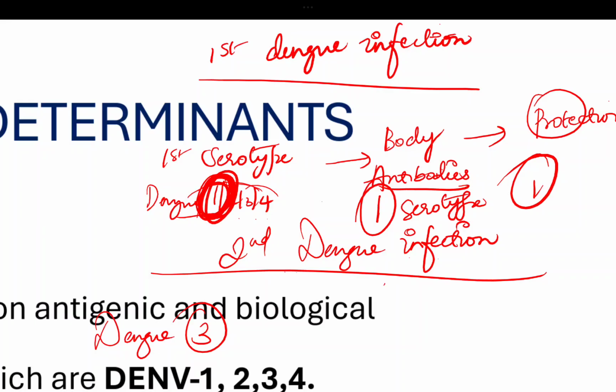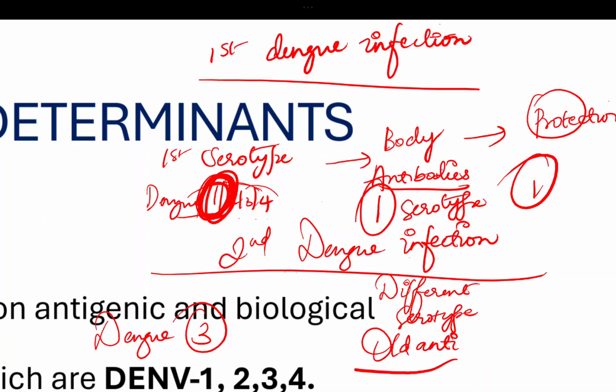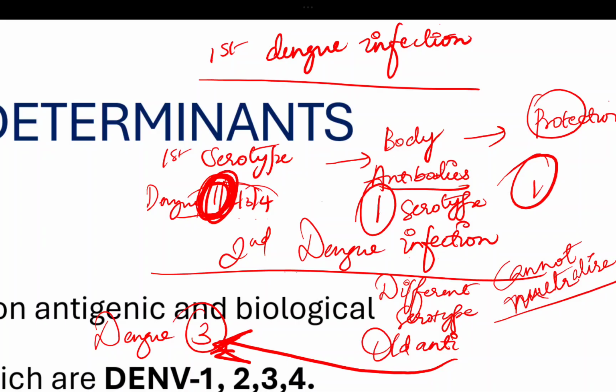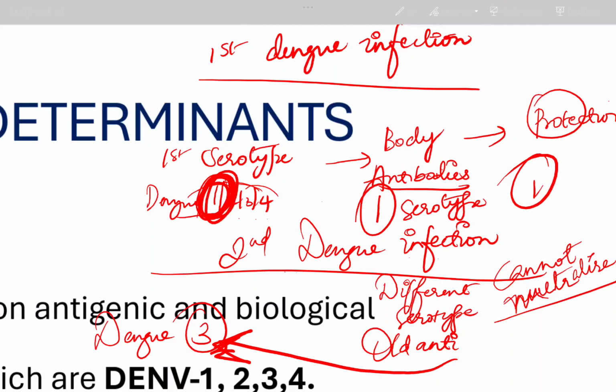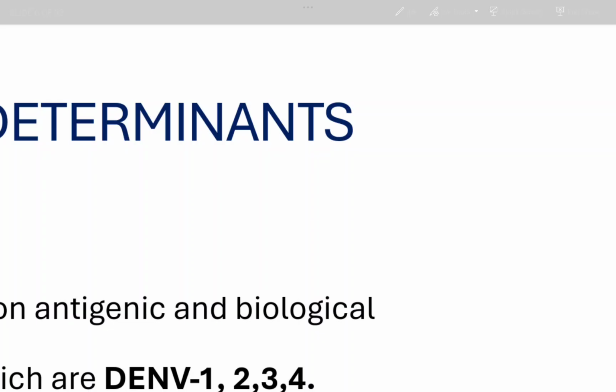Since this is a different serotype, the old antibodies are now going to bind to this dengue virus 3, and they cannot kill this, they cannot neutralize this virus. They do not have the antibodies or the immunity against this dengue virus 3. Is it clear? So we understood so far that one serotype does not confer immunity against a different serotype.